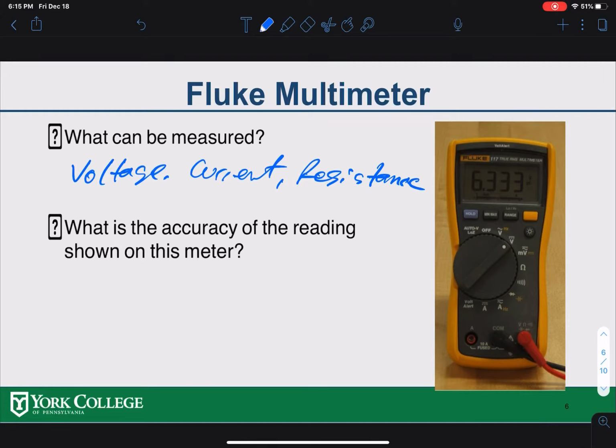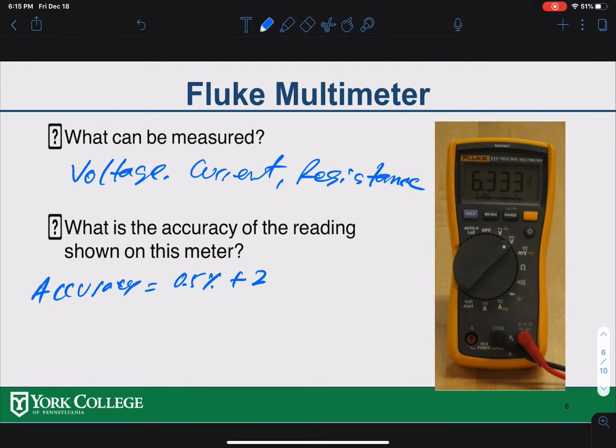For the 6 volts range, the accuracy equation is here. Again, this is from your handout. The accuracy equation we have is 0.05% plus 2.